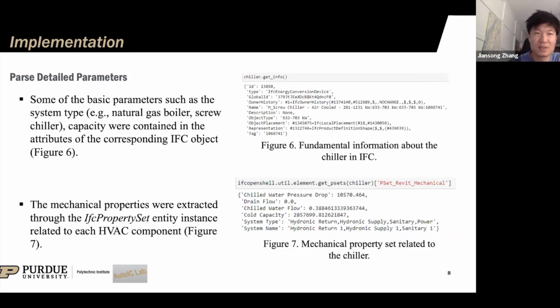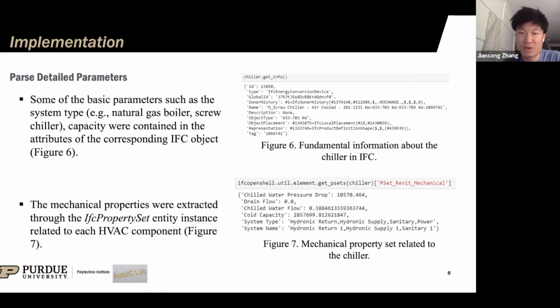Okay, the next step is to parse detailed parameters for each HVAC component. Basically, there are two ways in the IFC data structure to define the parameters of each entity. The first way is to define the basic parameters through the .getInfo method in the IFC data structure.